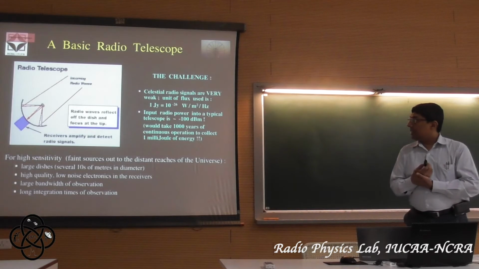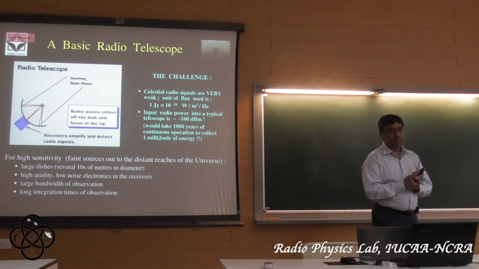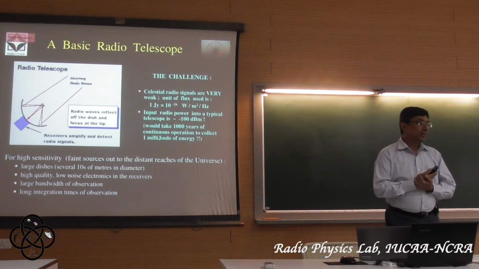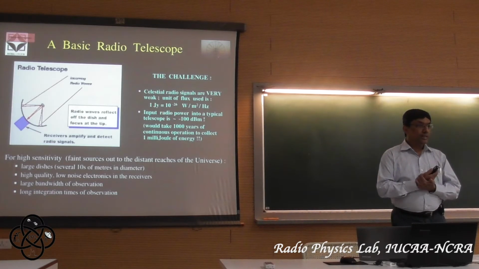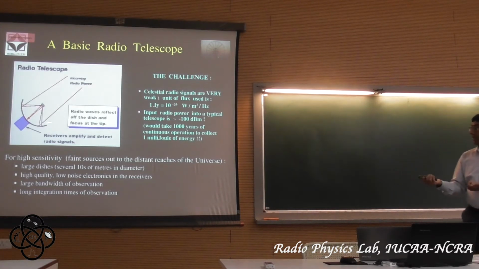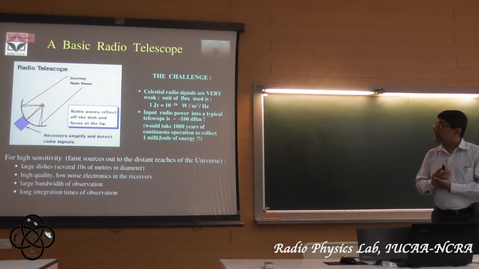Now, in principle, the radio telescope is no different from your favorite satellite dish, without which you can't live, right? And so what it does, it collects radio waves coming from a distance.